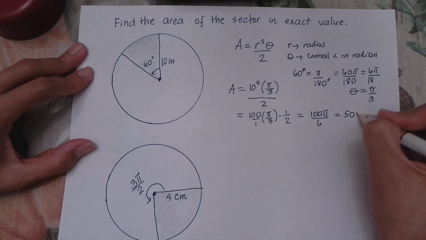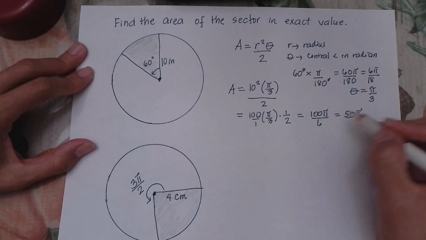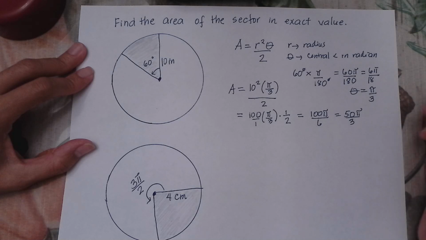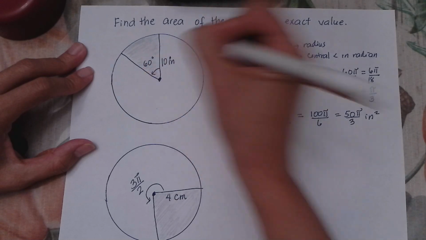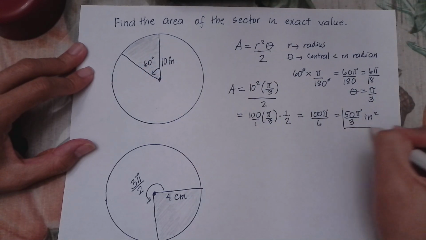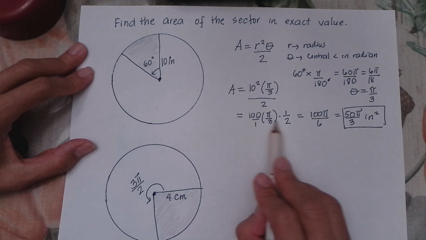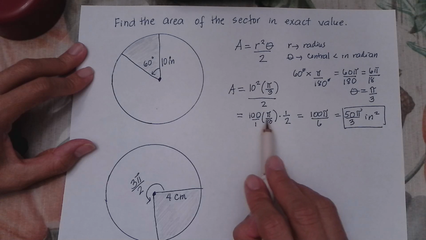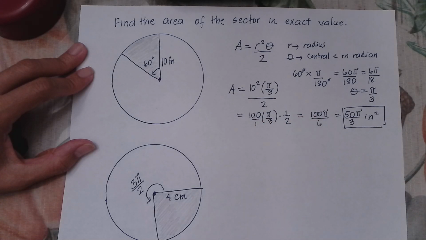So we have 50 pi over, 100 divided by 2 is 50, 6 divided by 2 is 3. And our unit is inches squared. But if you see that you can do cancellation, then it will be easier. You don't need to do the steps over here.